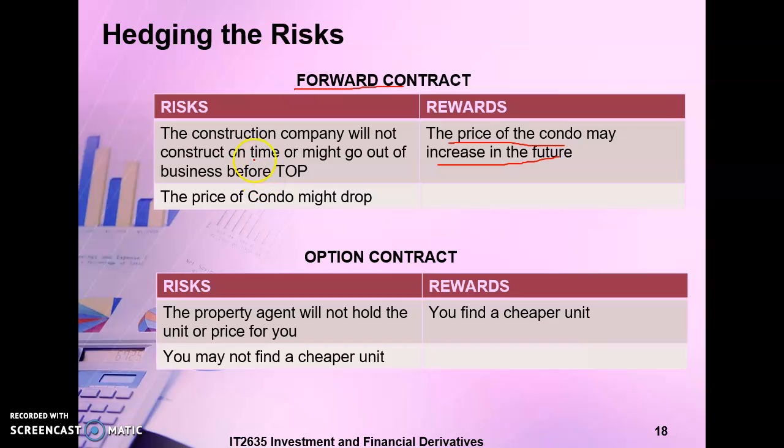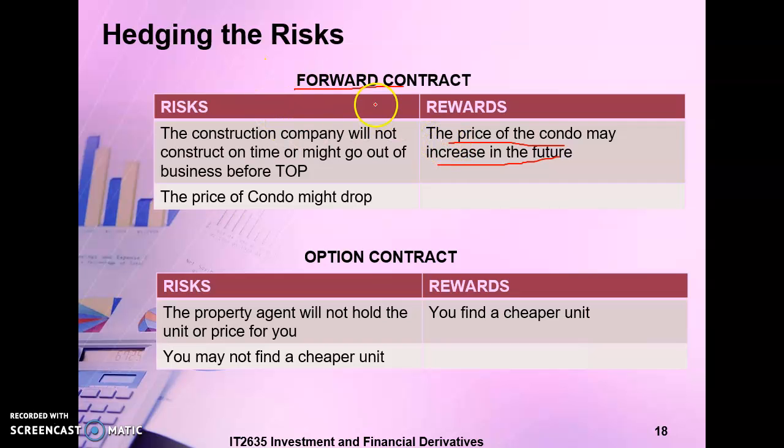Of course, there's a risk. What happens if the price goes down? Then you have no choice, you are fixed at that price. Like just now, you fixed at 1.2 million. If the demand falls and the supply is more, and the housing price drops from 1.2 to $1 million, you have no choice. You still have to buy the house at 1.2 million.